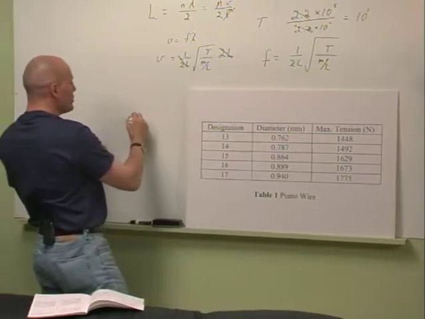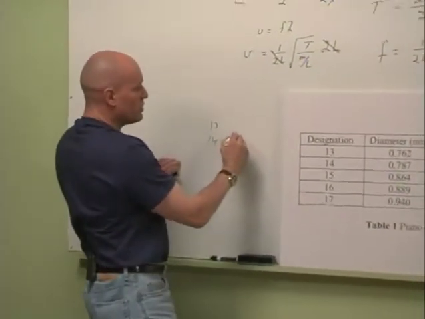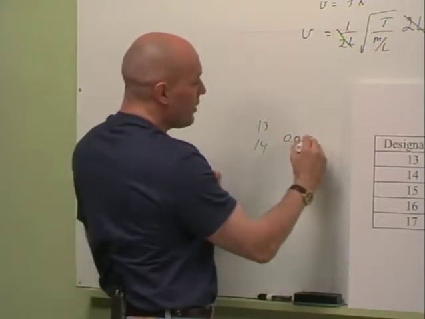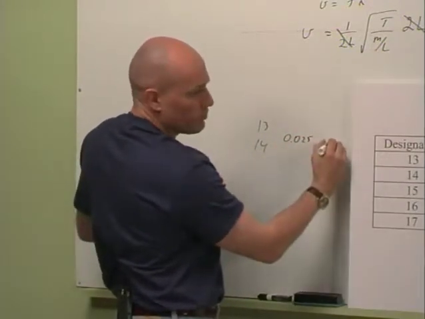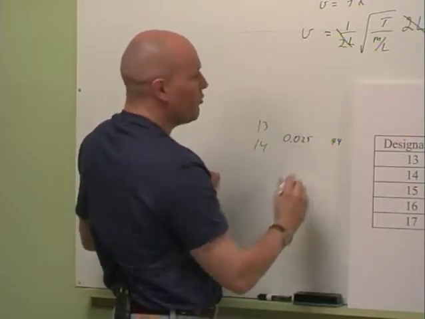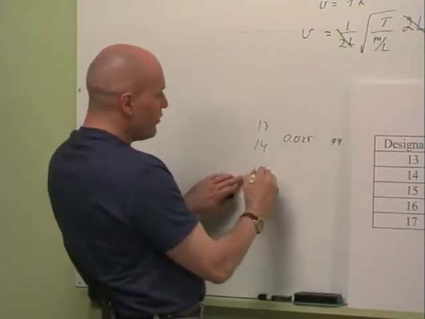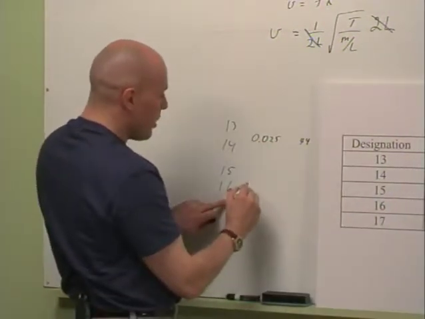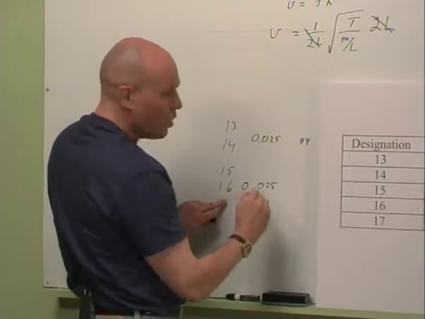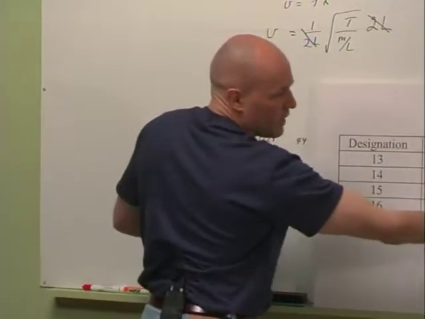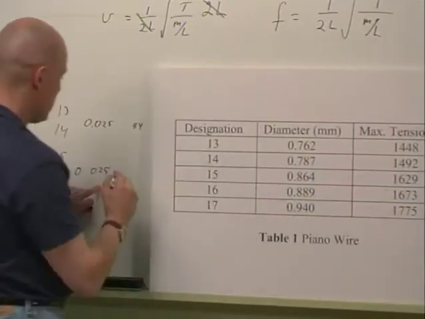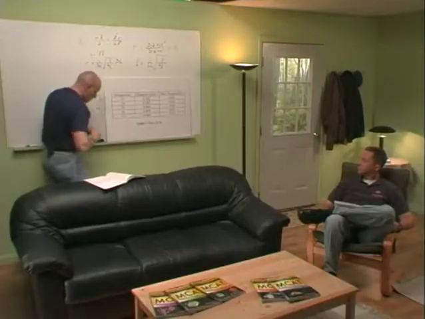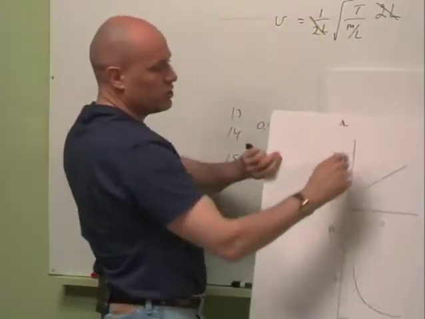Between 13 and 14, the diameter change is 0.025, and the corresponding tension change is 44. Now let's look between 15 and 16. The change is again 0.025, and the tension change is again 44. So that's a linear increase, and for a linear increase I'm going to choose A.